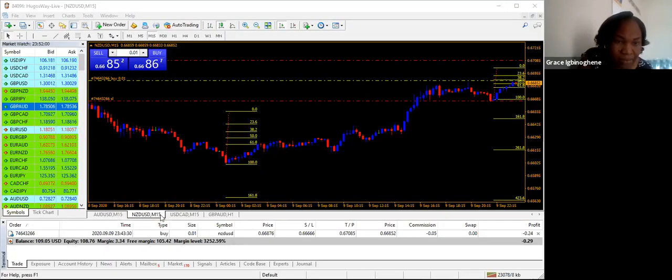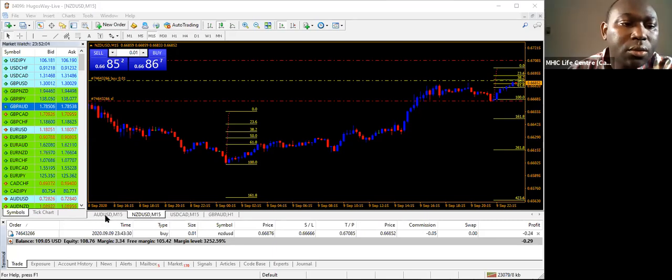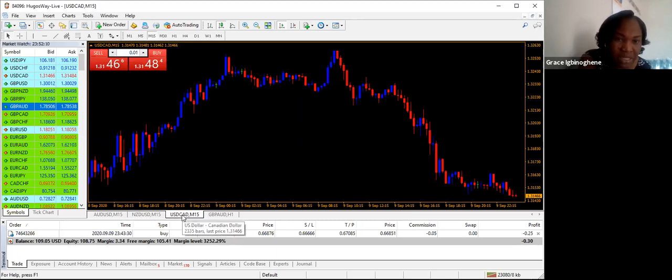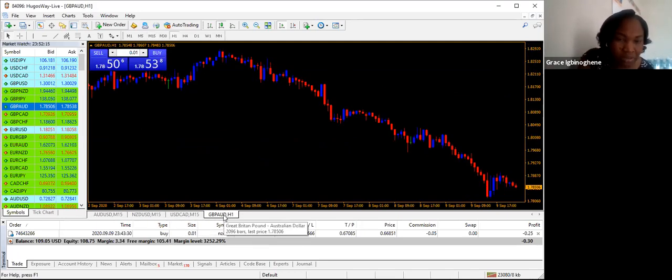It changes to one screen, just like my own. So all the other pairs, look at it at the bottom here. Like me, I have 4 pairs. If I want to change to USD CAD, I just click on USD CAD, it brings out the chart. If I want GBP AUD, I click on it, it brings it out. So they are at the bottom here.